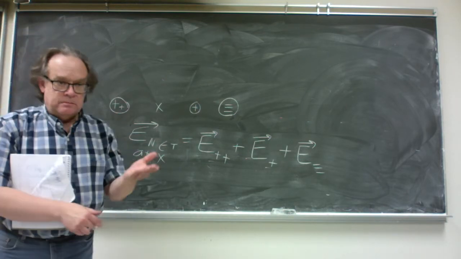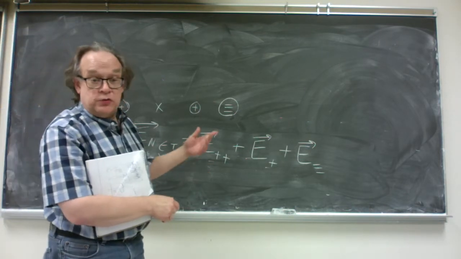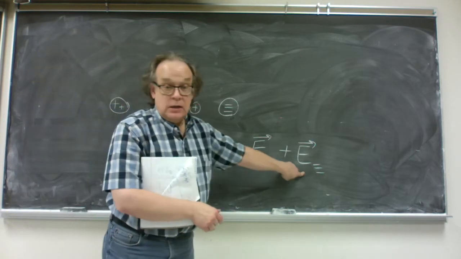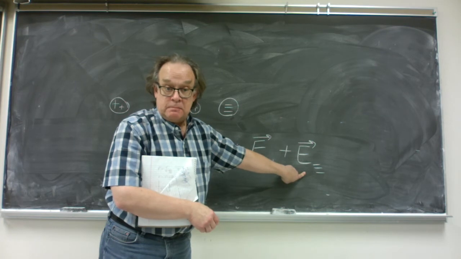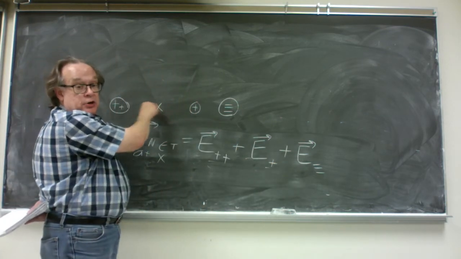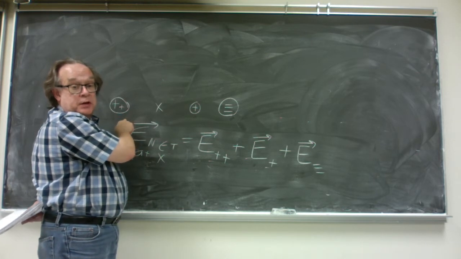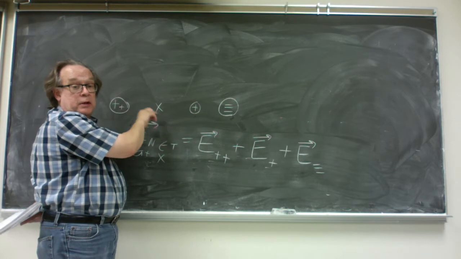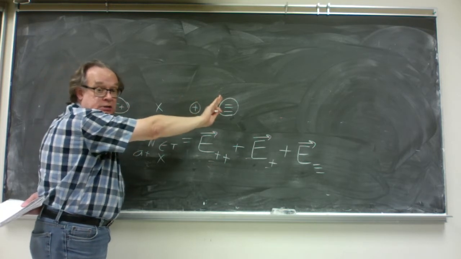So think about directions first, in other words, think about the signs of these things. Put a positive charge here, it's going to feel a repelling force from this positive charge. A positive charge here would feel a repelling push to the right.